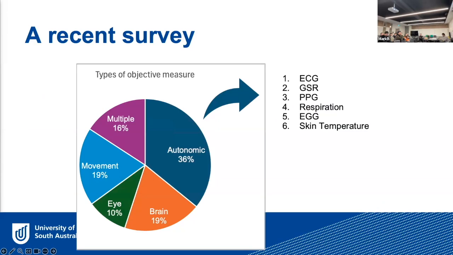So regarding these autonomic signals, there are a few signals that researchers usually use. One is ECG, and also GSR and PPG, and these three devices are meant to measure some acute stressful moments.